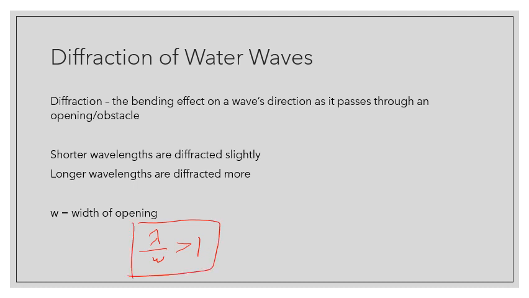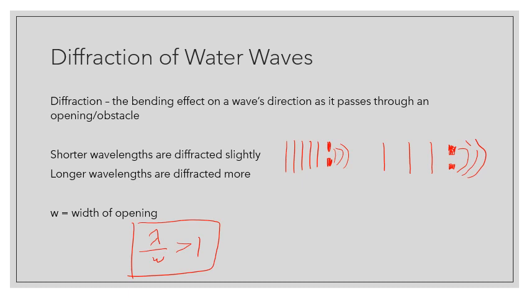And so I'll just draw these visually for you. We have a wave with shorter wavelength, and it goes through this aperture, so it gets diffracted like this. Then you have this longer wave going through an aperture of the same size, but it gets diffracted much more.